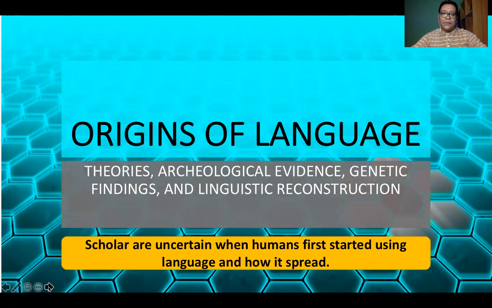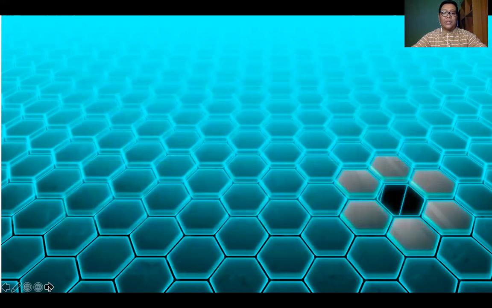There are various theories, archaeological evidence, genetic findings, and linguistic reconstruction, and these point to the origin of the English language. But nowadays, I believe most people would say that language originated based on the theories presented in several textbooks on the history of the English language.